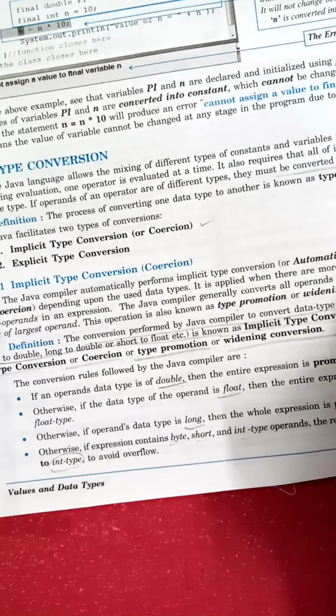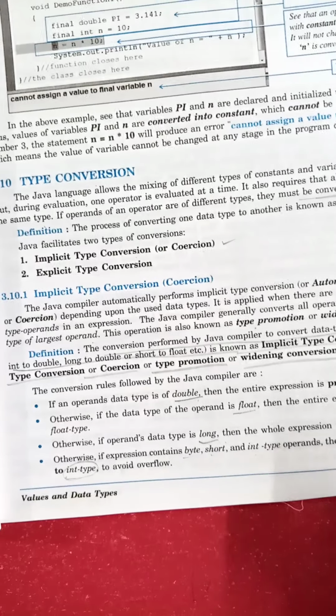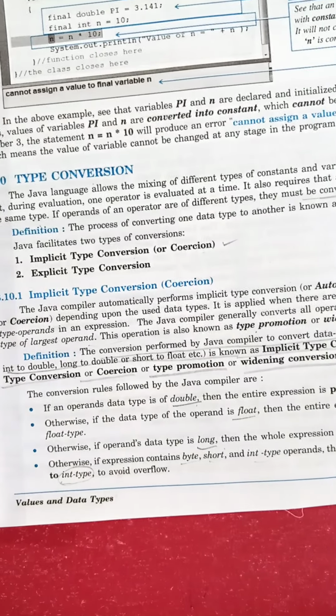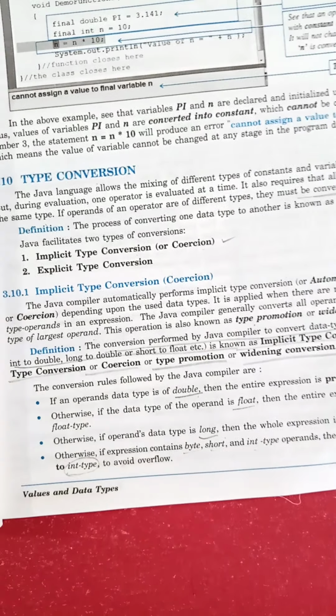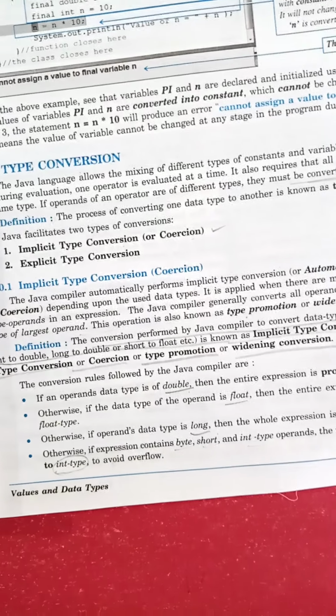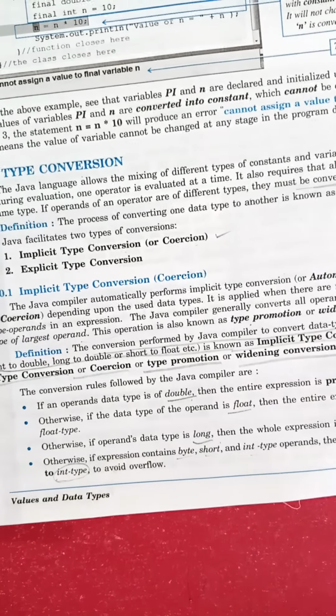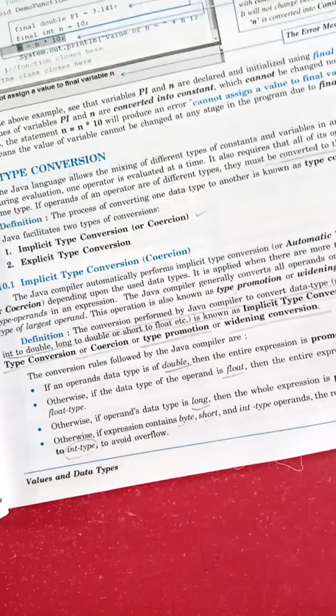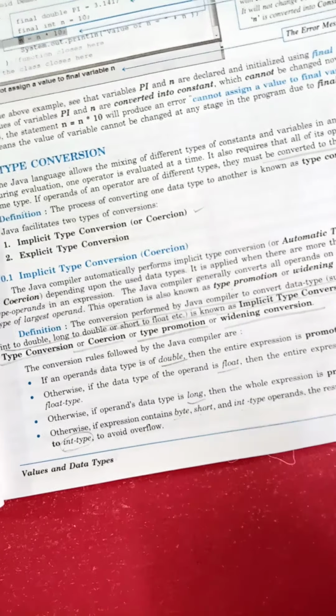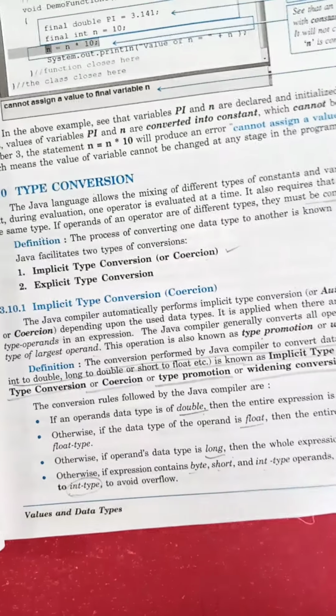Suppose you are going to add a few numbers. If all are of the same type, then it is okay. But if the data types are different, then what will happen? They must be converted to the same type.